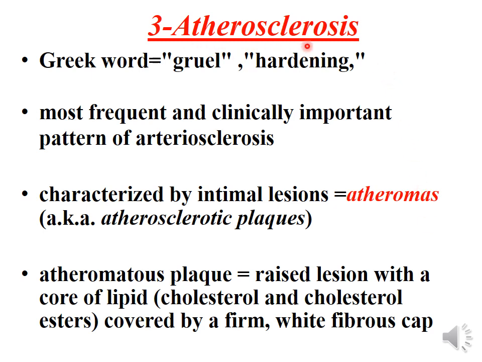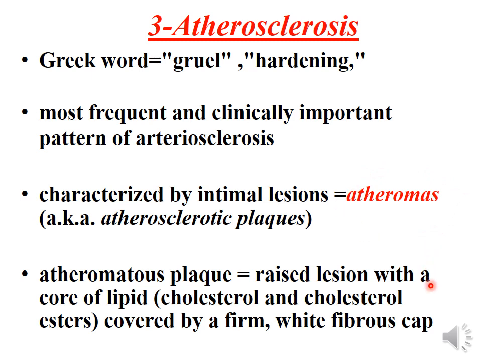The third and the most important and frequently encountered pattern of arteriosclerosis is called atherosclerosis. The first part of the word, athero, comes from a Greek word that means gruel. So there's a gruel hardening of the wall of the artery. And this is a very important and clinically relevant condition. It's characterized by the presence of an intimal lesion that is called an atheroma or atherosclerotic plaque.